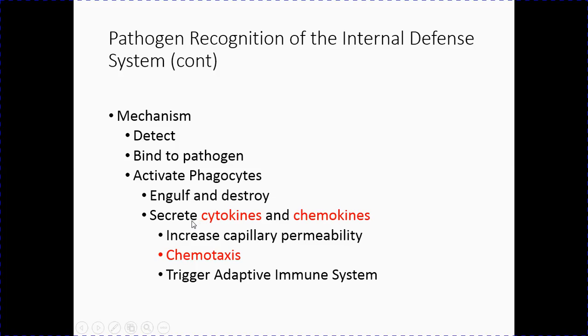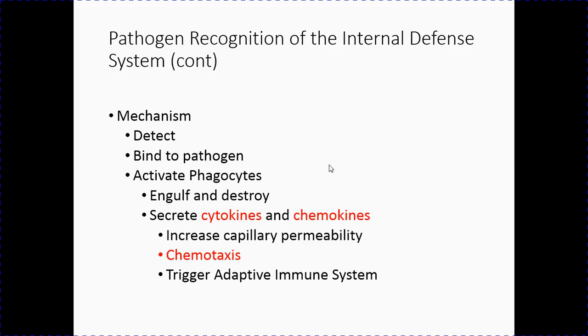and simultaneously secreting cytokines, which, remember what those are? Chemical messengers, and some subsets of cytokines called chemokines. Those are the chemotactic ones, the ones that call other cells to the area.